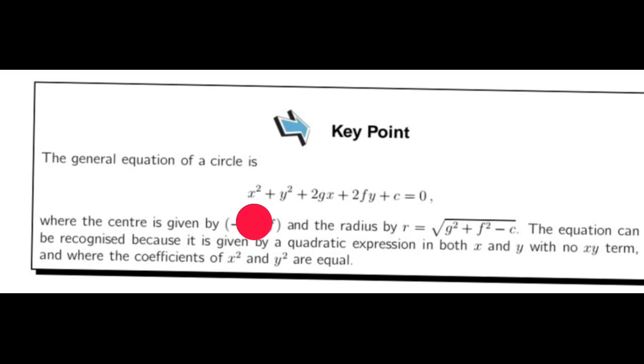Here in this case, x square coefficient is 1 and y square coefficient is 1. The coefficients of x square and y square are equal, and there is no xy term.